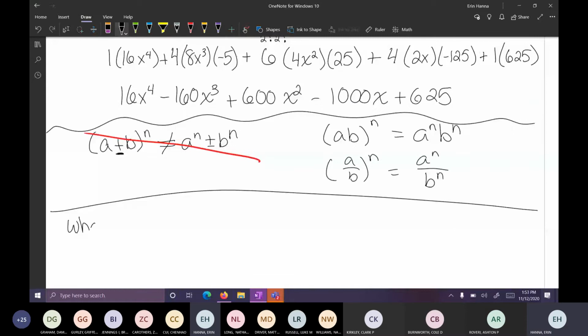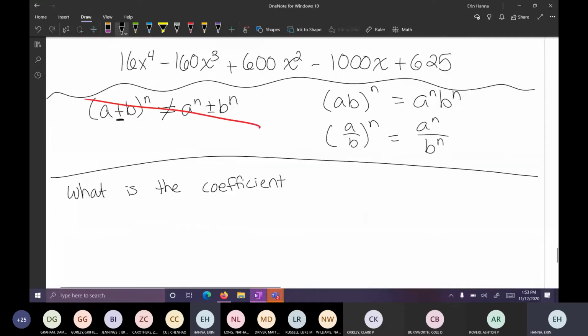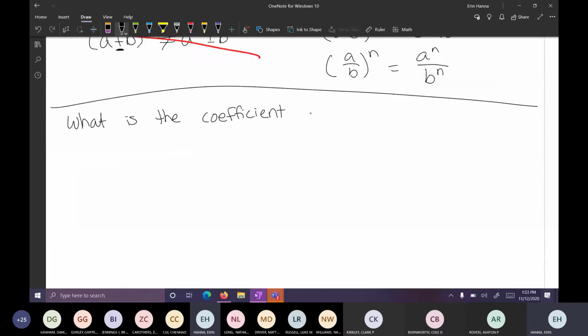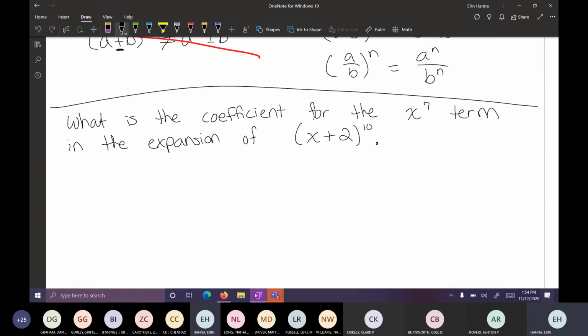What is the coefficient for, let's say, the x to the 7th term in the expansion of x plus 2 to the 10th? I think this is usually how they phrase them in your homework.